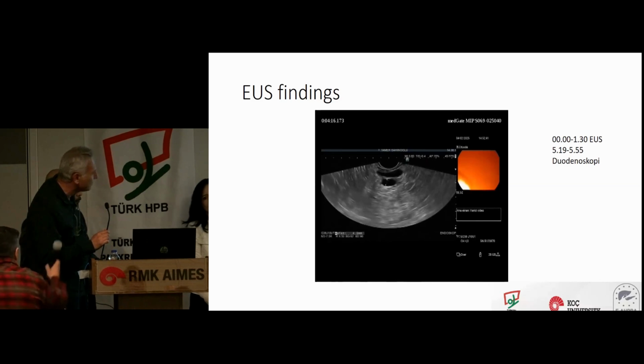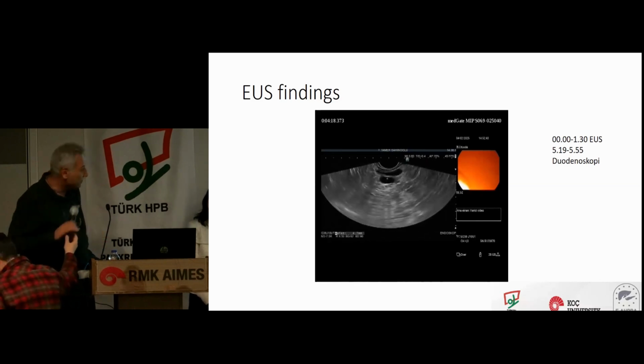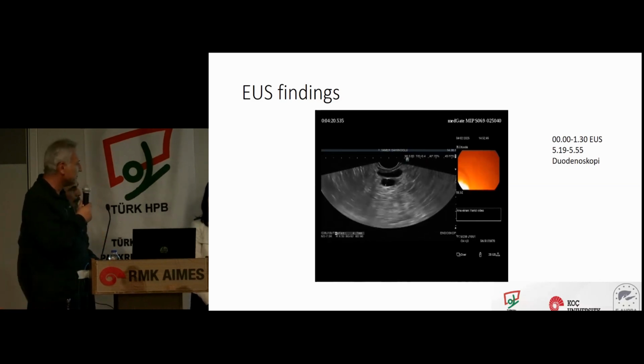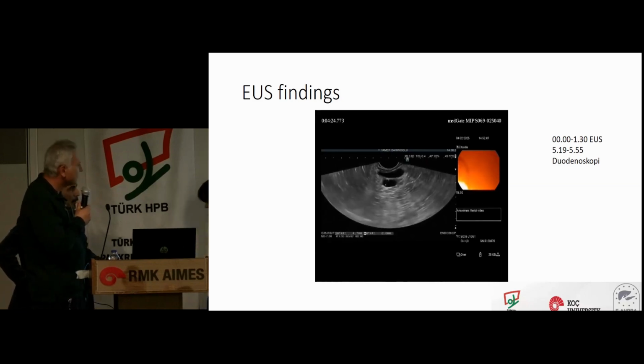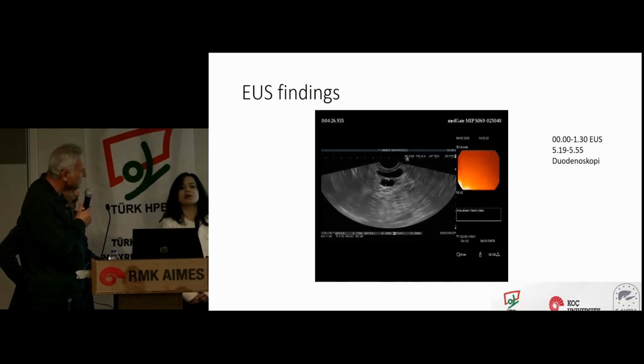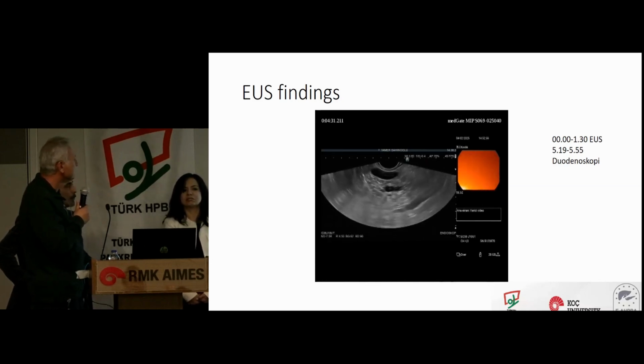There are no signs of a pancreatic mass in this area. The pancreatic duct diameter is more than 5 millimeters. The other part of the pancreas channel is normal.